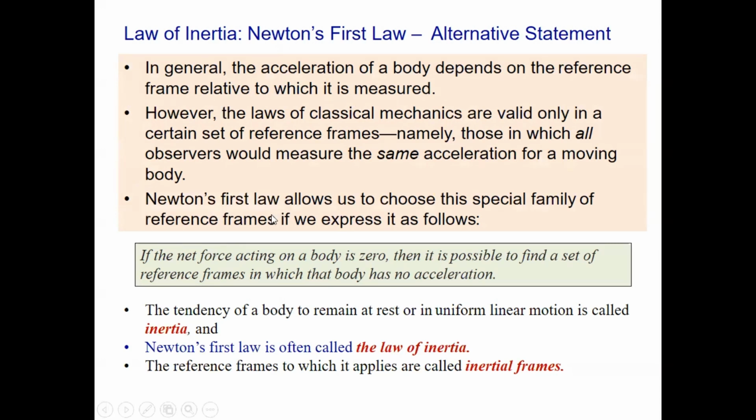However, the laws of classical mechanics are valid only in a certain set of reference frames. For example, all those observers would measure the same acceleration for a moving body if they are in certain reference frames. Newton's first law allows us to choose this specific family of reference frames if we express it like this.